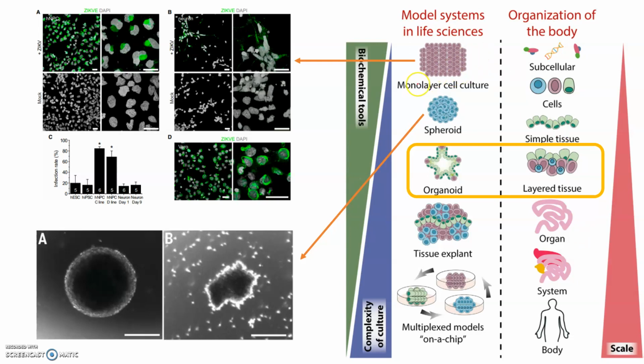The first one used monolayer cell culture or 2D culture. They used Zika virus and tried to assess which types of cells the virus is more likely to attack. There also was another study that developed neural spheroids.